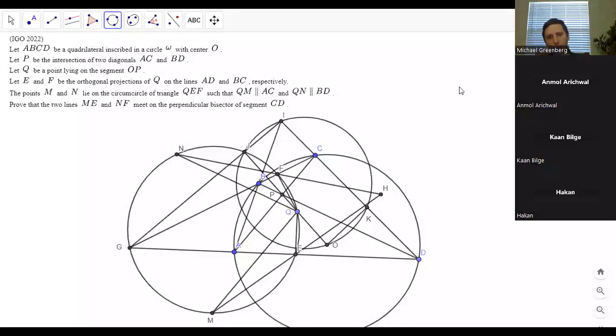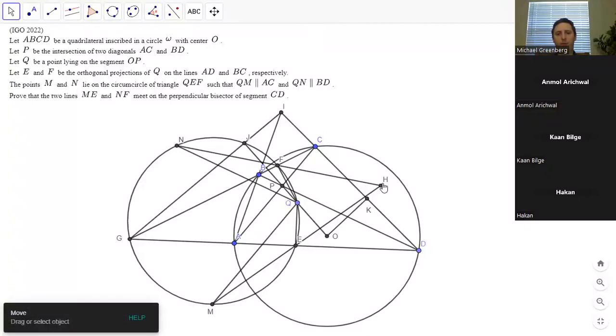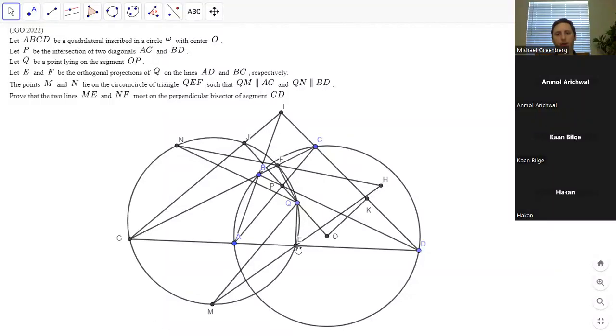Yes. So yeah, how do I show three lines concur? I'm going to hide this for a sec until I find another use for it. So what I could do is let OK meet NF at a point H prime, and then let it meet ME at H double prime and try to show they're the same point.